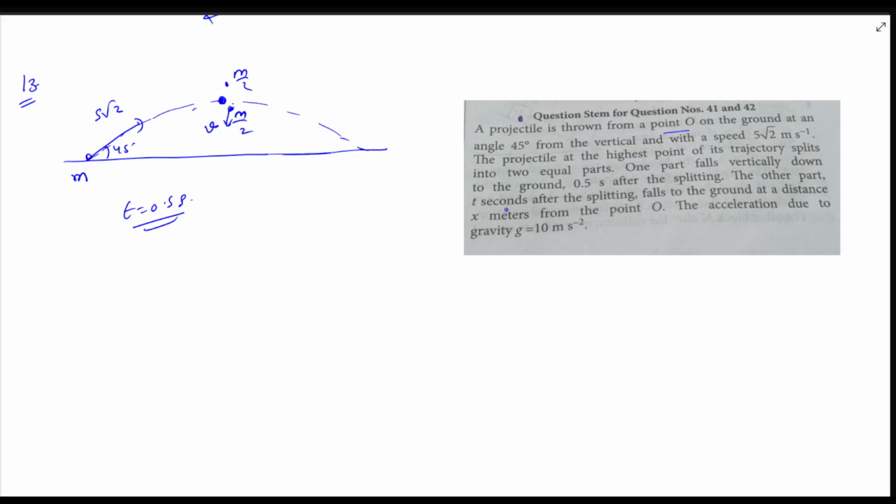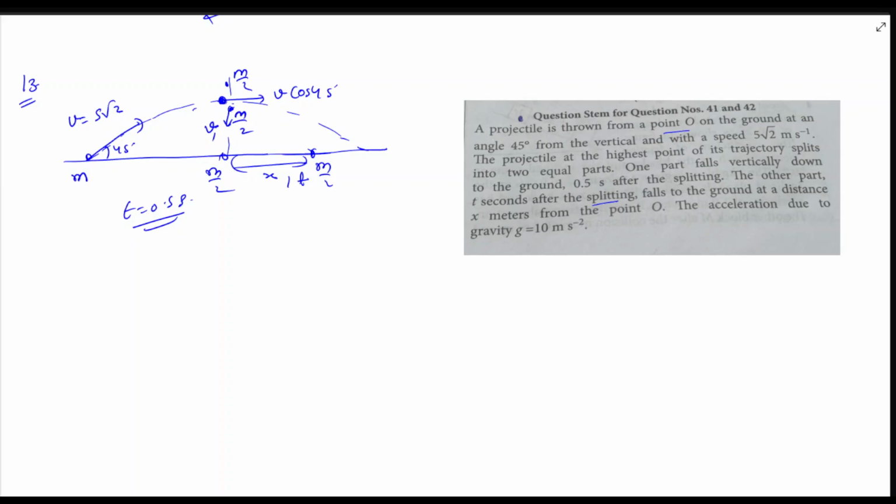The other part takes t seconds after splitting and falls to the ground at a distance x meters. So it starts to move like this, moves a distance x, and takes a time t. So this is the other half and this is the first. Perfect. At the highest point, they will have a velocity v cos 45 here. Let's say this is v1 and v is this.